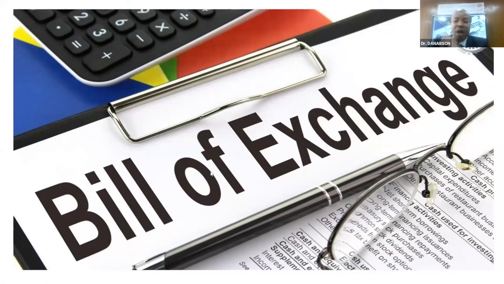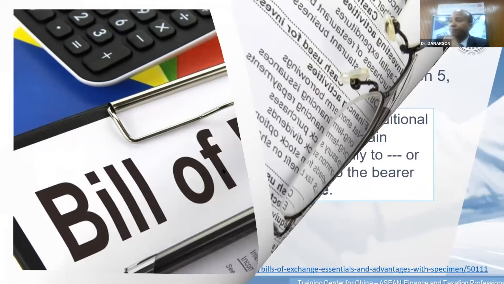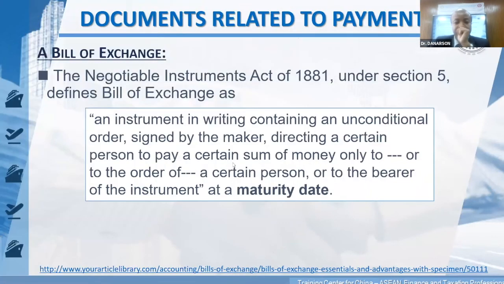Now, bill of exchange is another one. A bill of exchange, by definition, is an instrument in writing containing an unconditional order signed by the maker, directing a certain person to pay a certain sum of money only to, or to the order of, a certain person, or to a bearer of the instrument at a maturity date.